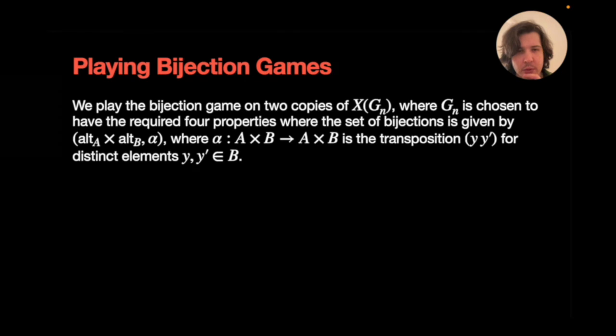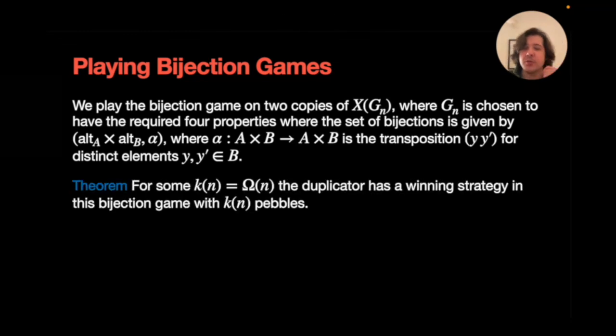The set of bijections we're going to play the game with is given by the group Alt A cross Alt B and alpha, where alpha is essentially just a transposition that swaps, say, two elements of the two columns. Alpha is what introduces this twist, which negates the determinant. And indeed, it's possible to show that for some at least linear function, the duplicate is a winning strategy in the bijection game using that number of pebbles.